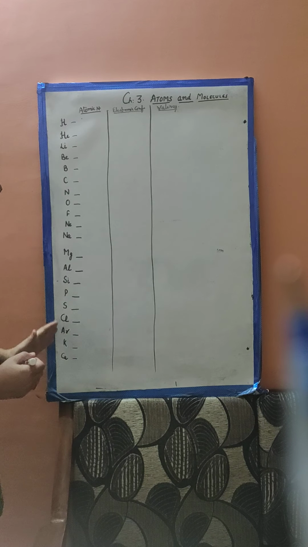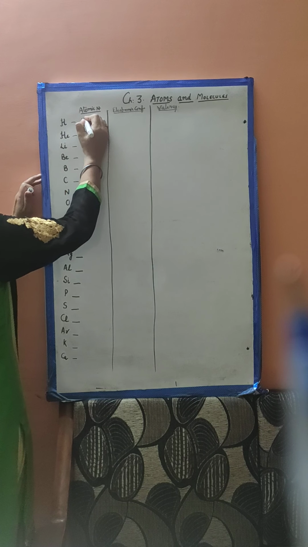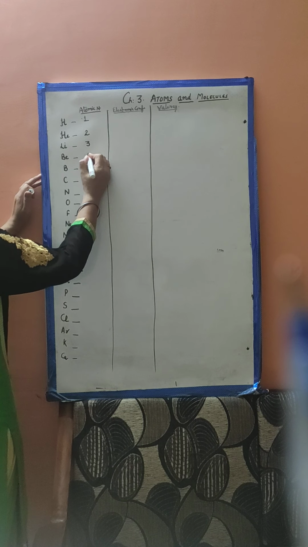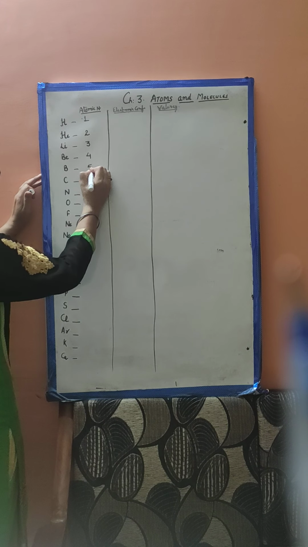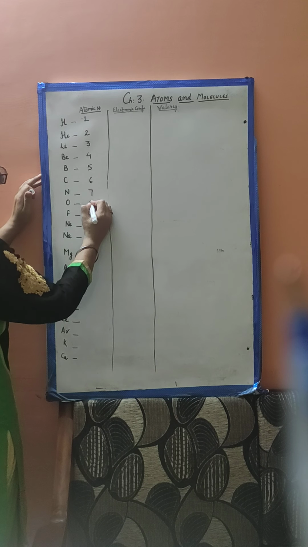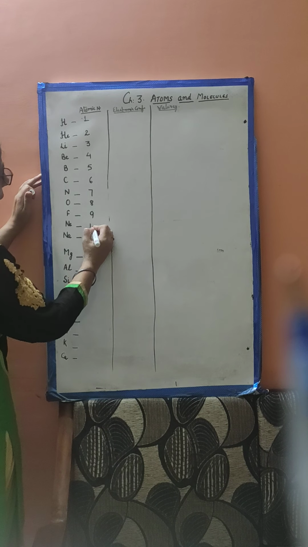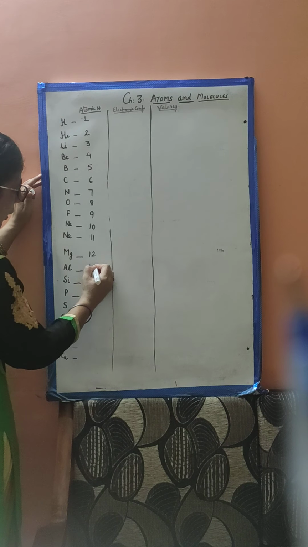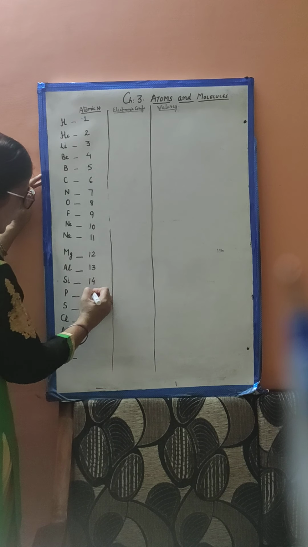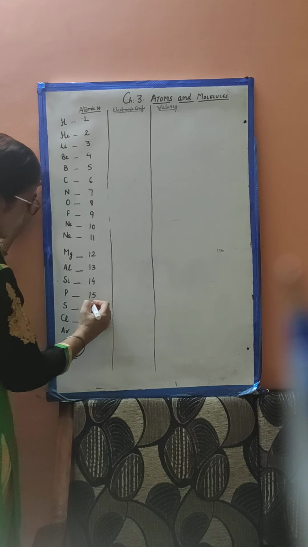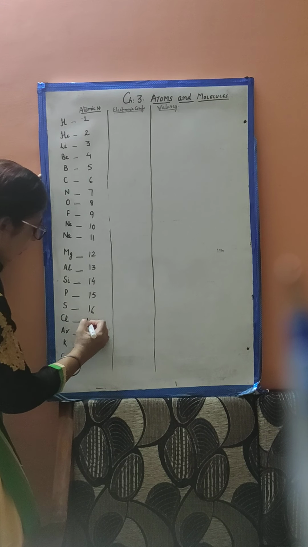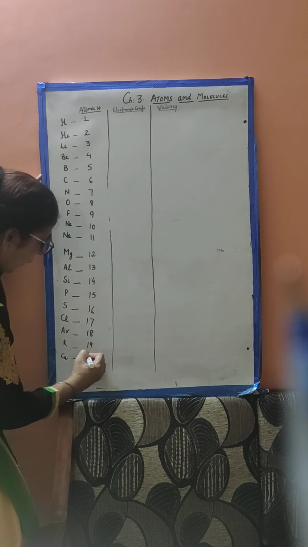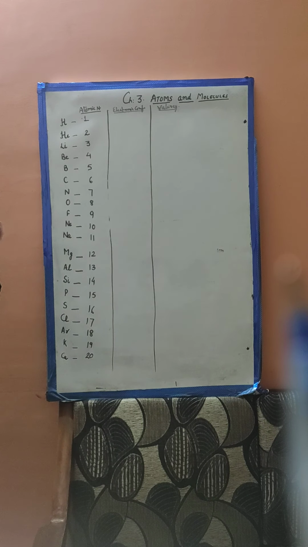The atomic numbers of these elements are in sequence: hydrogen 1, helium 2, lithium 3, beryllium, boron, carbon, nitrogen, oxygen, fluorine, neon, sodium, magnesium, aluminium, silicon, phosphorus, sulfur, chlorine, argon, potassium and calcium.